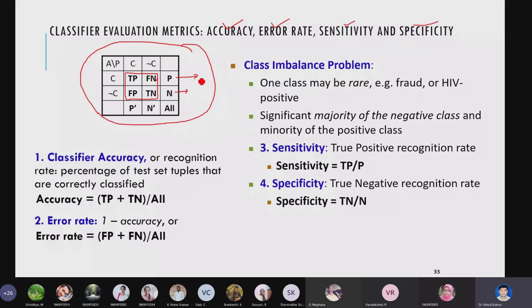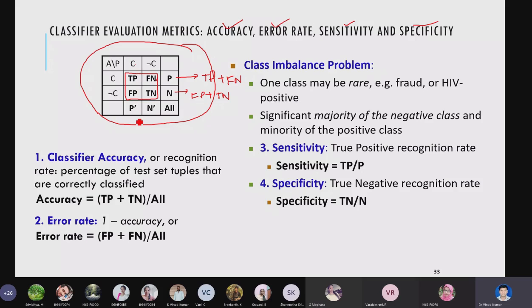So what is the meaning of this P? P means all TP plus all FN, both will be added and you will get the P. And here N means FP plus TN.